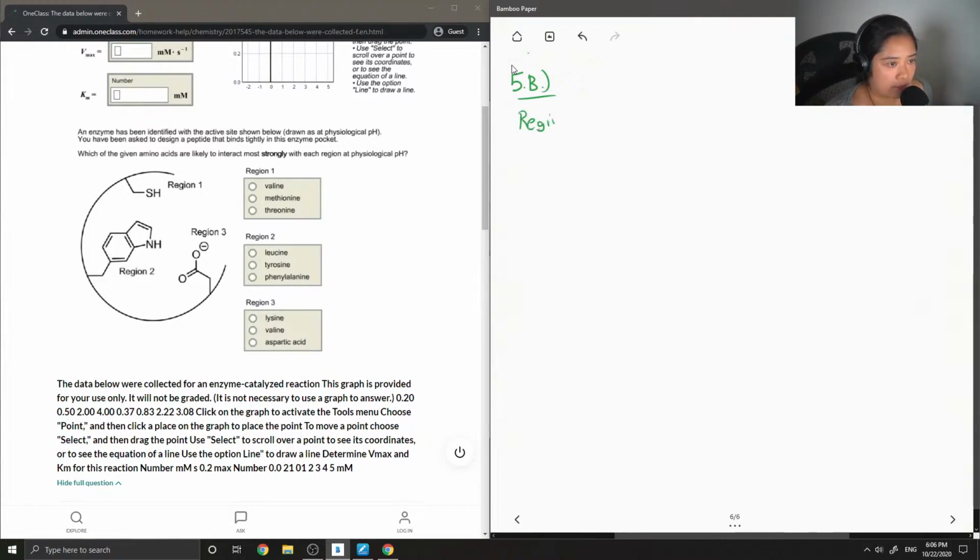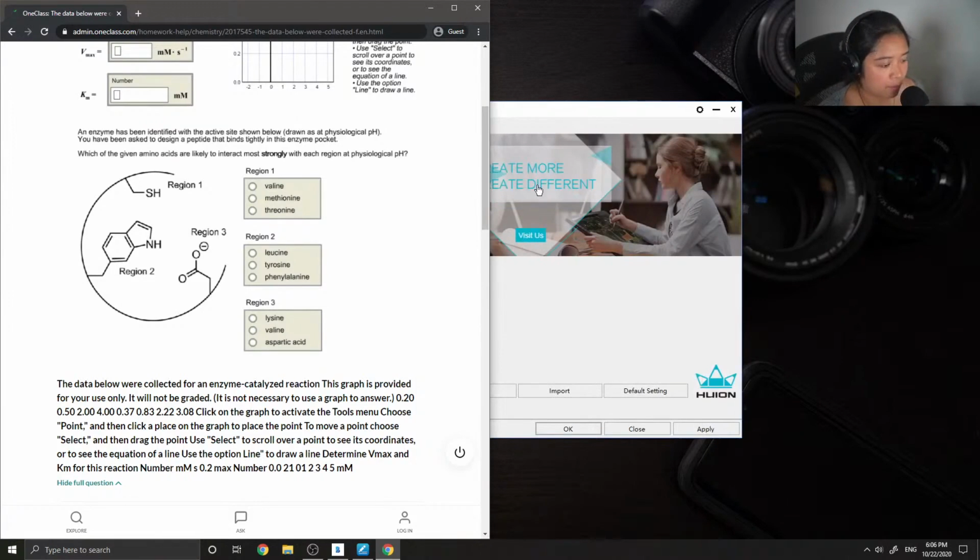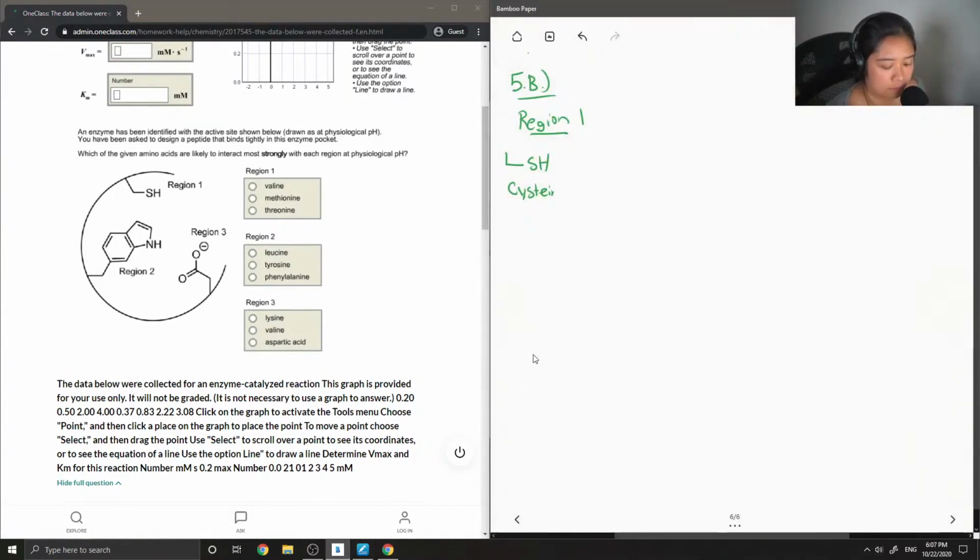And then they just give us different options of amino acids. So first let's look at region 1. So this amino acid is cysteine.